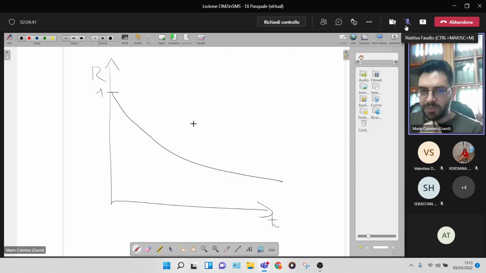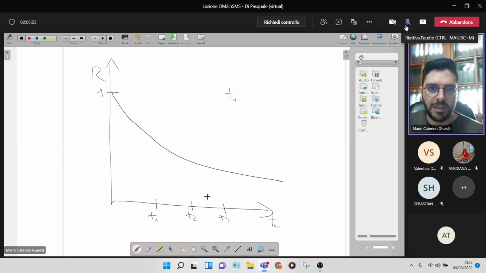Now, suppose that, for example, T1, the system had a reliability. So, for example, this is T1, this is T2, and this is T3.